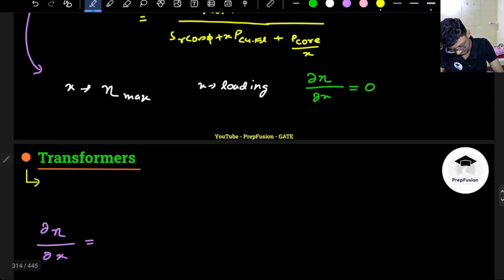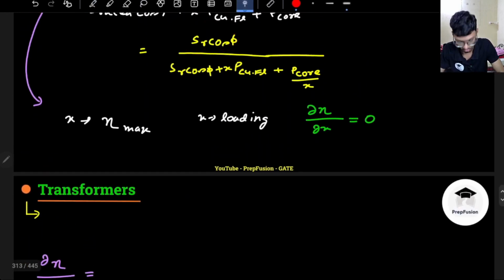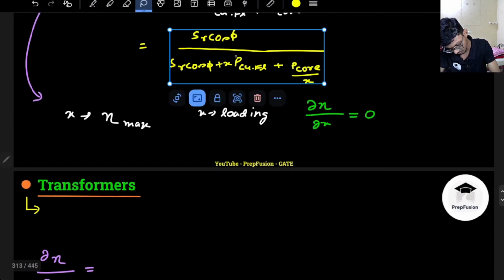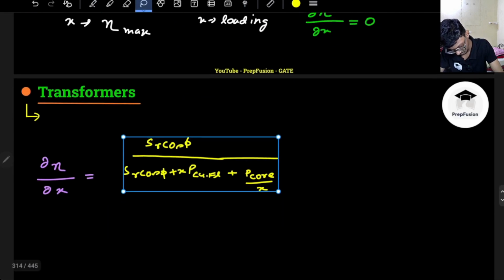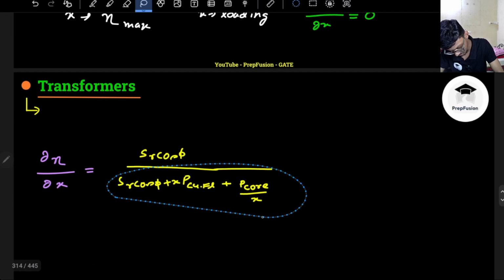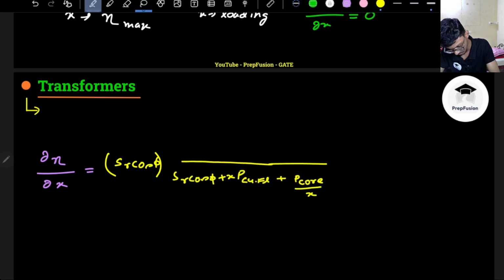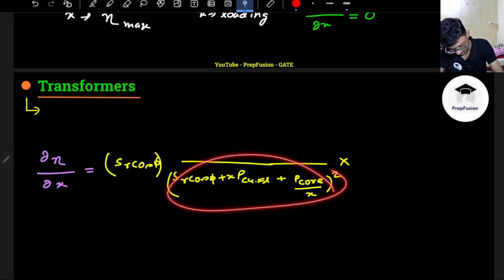So if I differentiate this now, this top term is just a constant number, so this will just be outside, SR into cos phi, and inside this will get squared and I have to differentiate this term with respect to x.